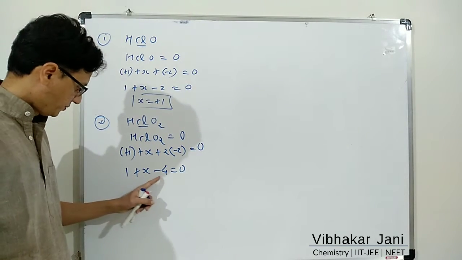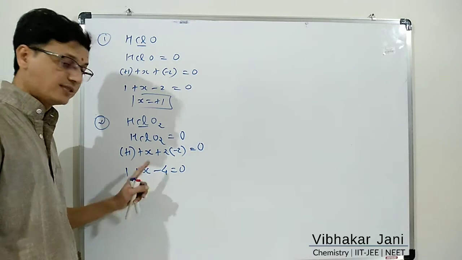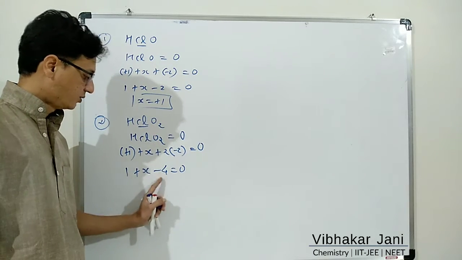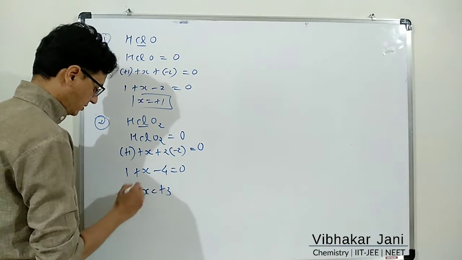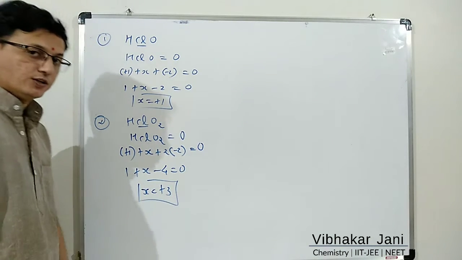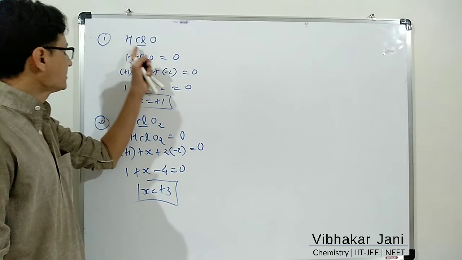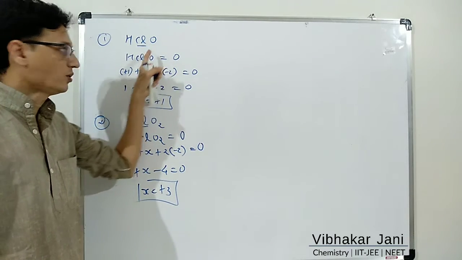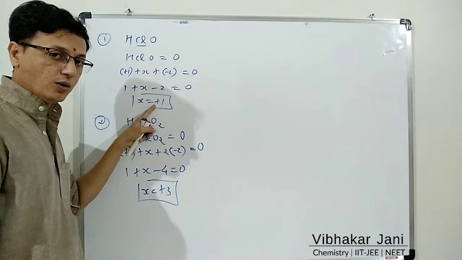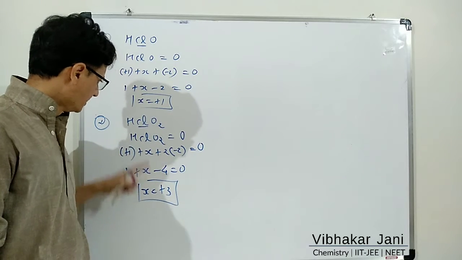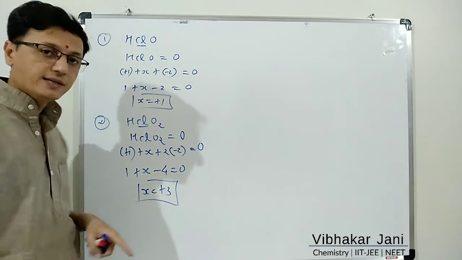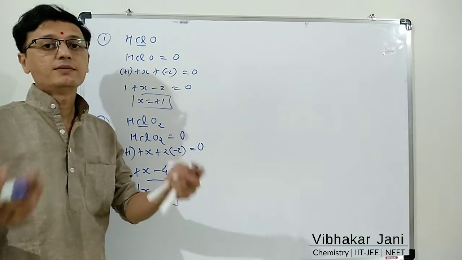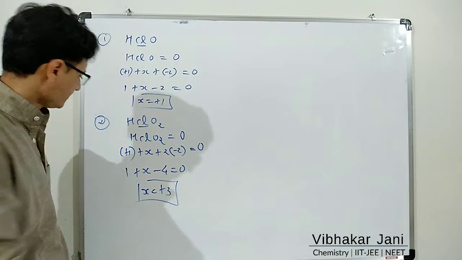Now -4 plus 1 will give us -3, and that -3 goes to the other side of equal to, then we will have the value as +3. So if we talk about HClO, then the oxidation number of chlorine is +1, while in HClO2, the oxidation number of chlorine becomes +3. So the same element in different compounds has different oxidation states.